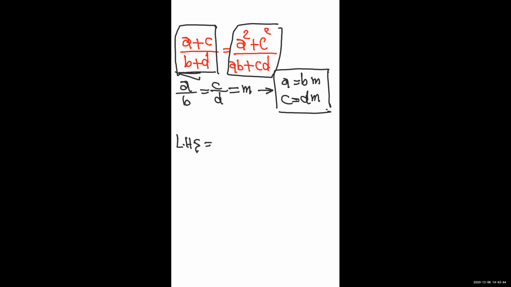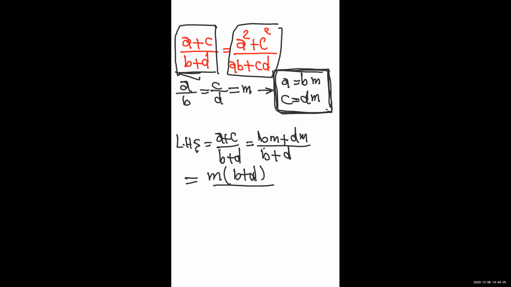This one is left hand side, okay, which is equal A plus C over B plus D. So it will equal A here, BM, plus C, which is DM, over B plus D. So it will be B plus D the same, because we don't have here different values for B and D, only A and C. So now, guys, M is a common factor in the numerator, so M times B plus D over B plus D. Now, simply this one we can simplify it.